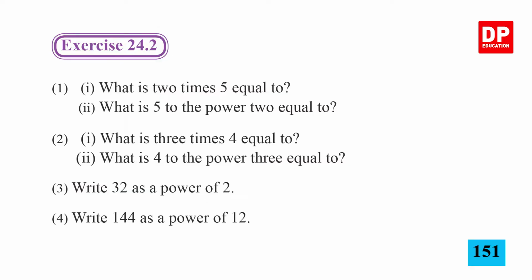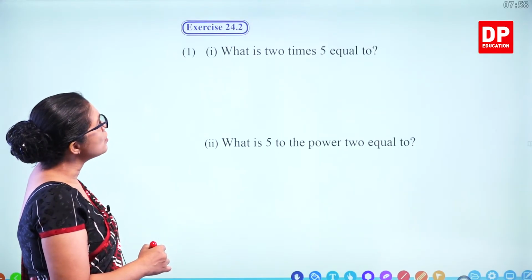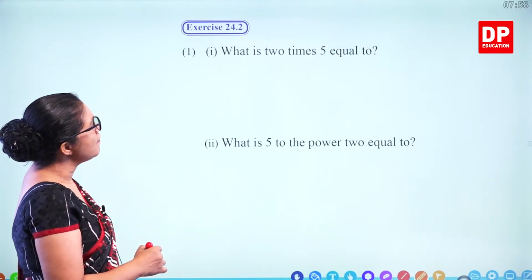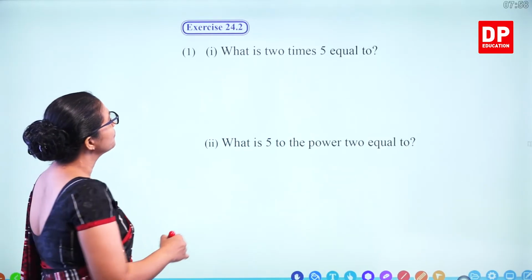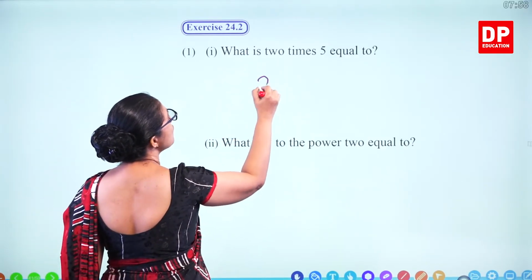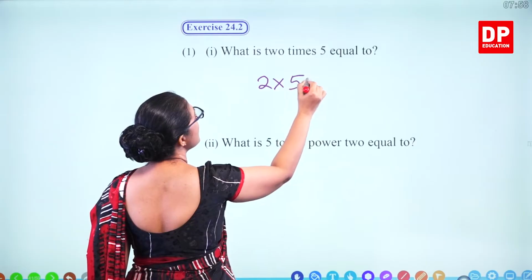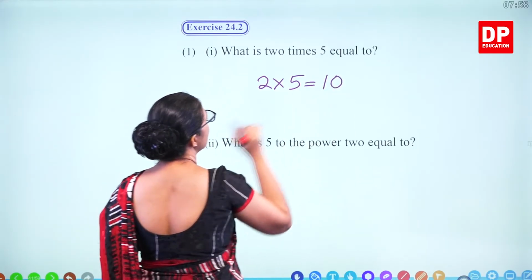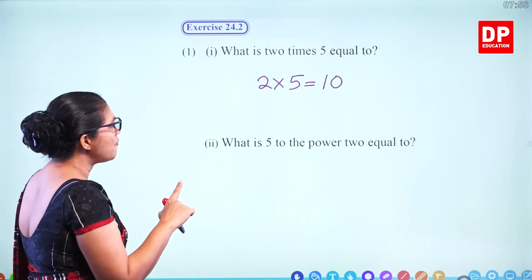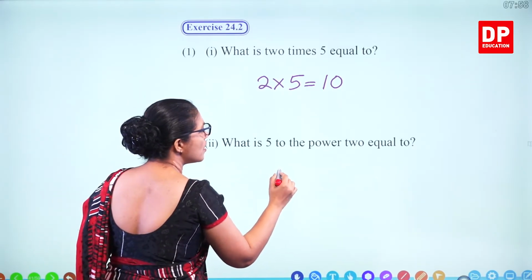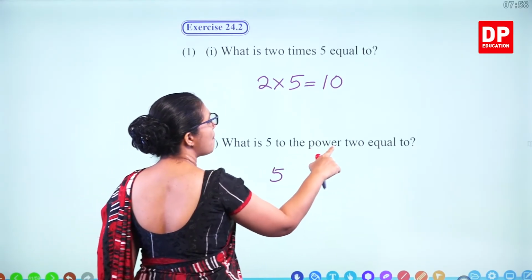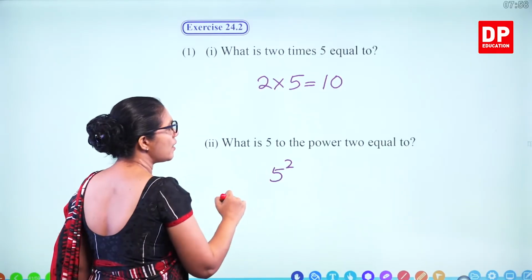Exercise 24.2. What is 2 times 5 equal to? 2 times 5 equal to 10. What is 5 to the power of 2 equal to?